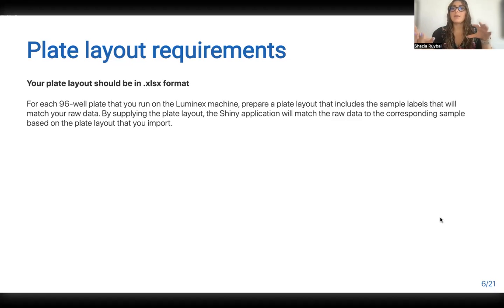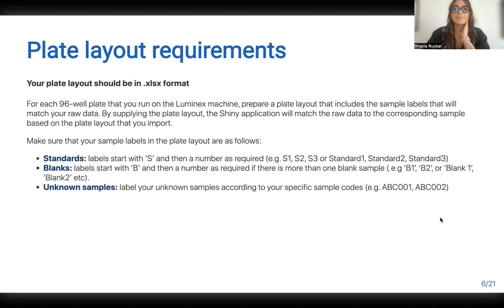You supply this, and that's how the Shiny application will match your raw data values to the corresponding sample based on the plate layout that you have imported. This is where you basically tell it, A2 is actually my second standard, and then the Shiny app will match everything together.